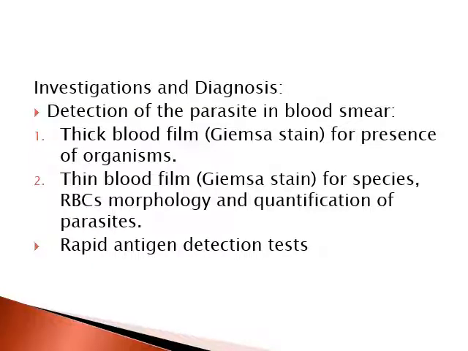Then we must have a thin blood film with Giemsa stain also for species identification according to the red blood cell morphology and quantification of parasites, and also we can differentiate according to the deposition of some metabolic products inside the cytoplasm of the red blood cell, as we'll see in the practical part.